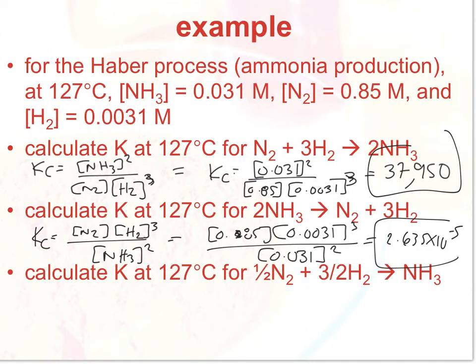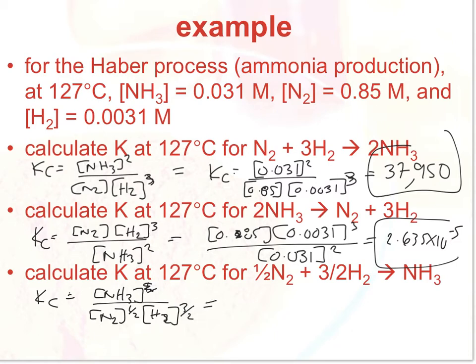So let's go ahead and look at this last process. Notice we've divided through all the coefficients of our forward reaction by 2. So we're going to end up with NH3 divided by N2 to the 1/2 divided by H2 to the 3/2.